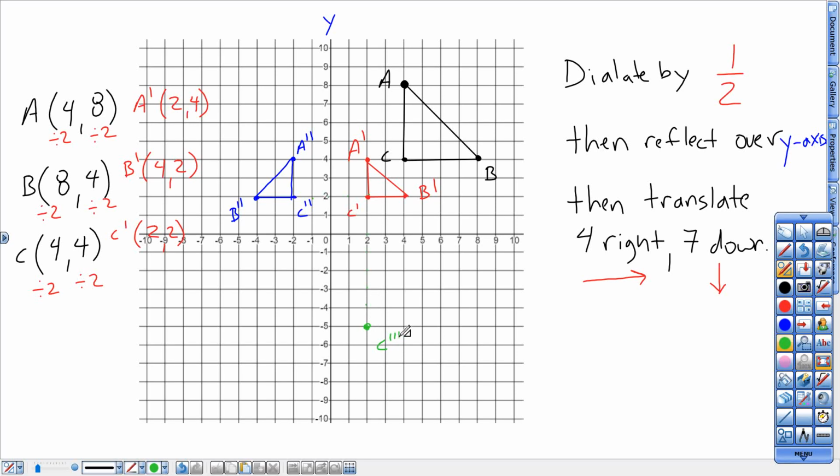I could take every point right 4, down 7, or I could just put the other coordinates where I know they will have to be if I just do a slide. And again, I'm not reflecting, I'm just moving that 4 to the right and then 7 down.